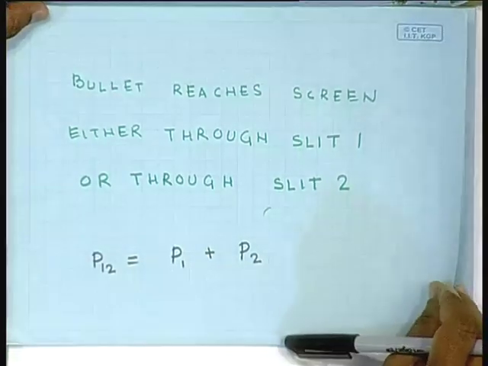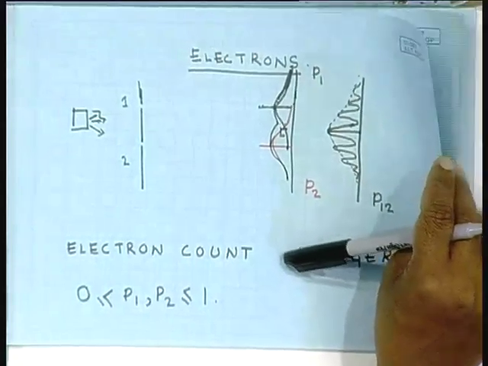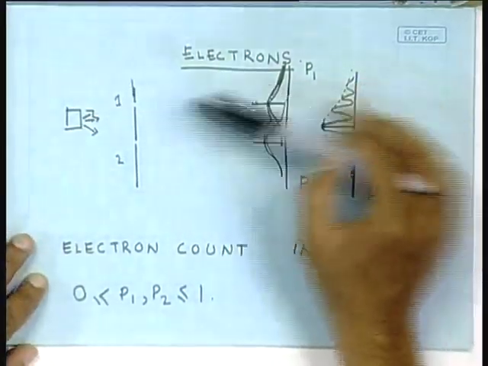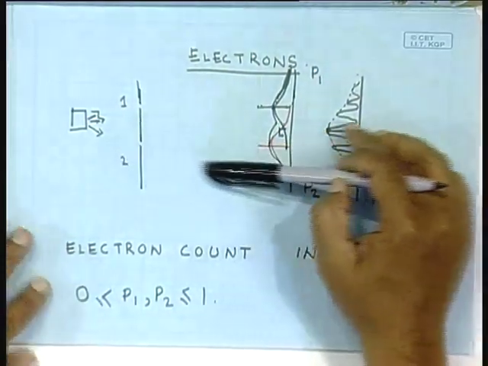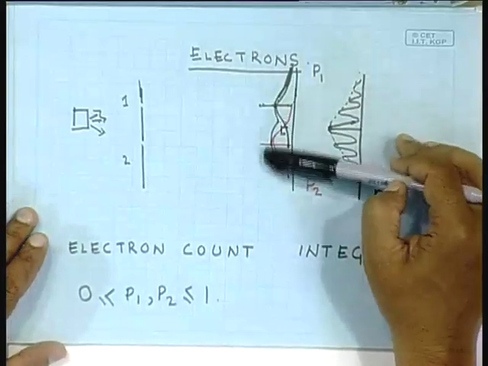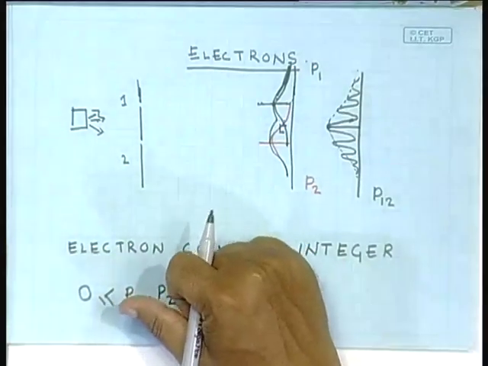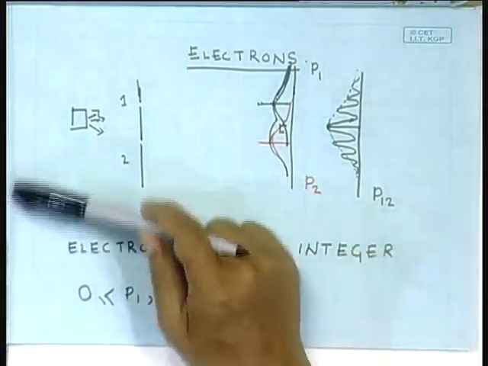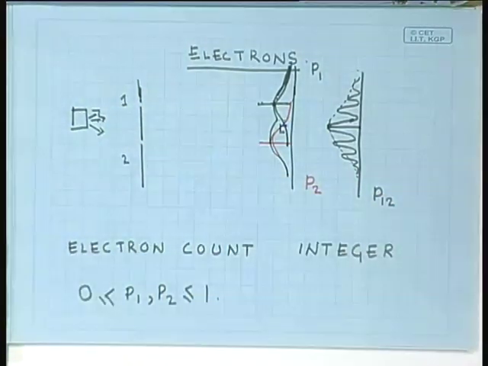You cannot really say that the electron went either through slit 1 or through slit 2, and you cannot add the probabilities of the bullet going through slit 1 with the probability of the bullet going through slit 2 and get the probability when both slits are open. You have to change the picture of how the electron behaves when it encounters two slits like this.